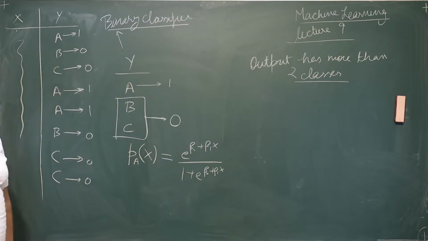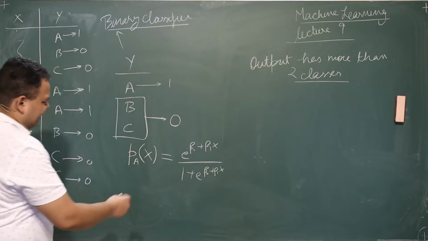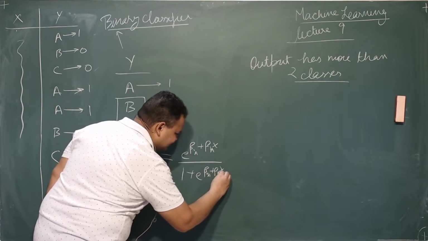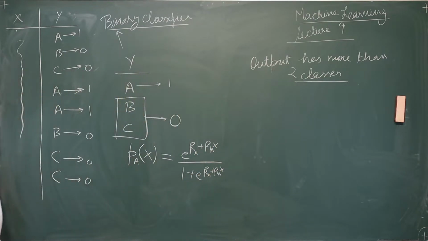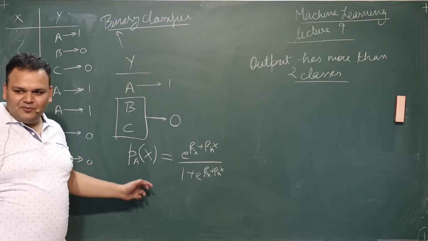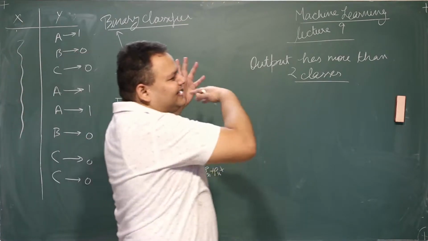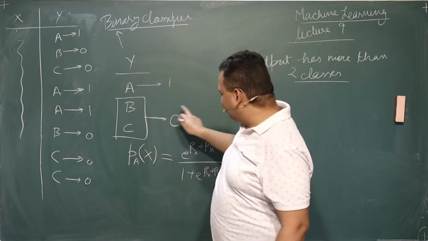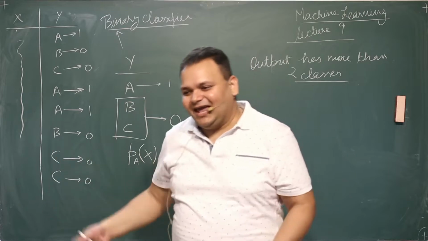We'll have beta 0 A and beta 1 A. This is when we are assuming A is your primary class and everything else is clubbed into another class which is 0. So you can find out the probability of something being A.